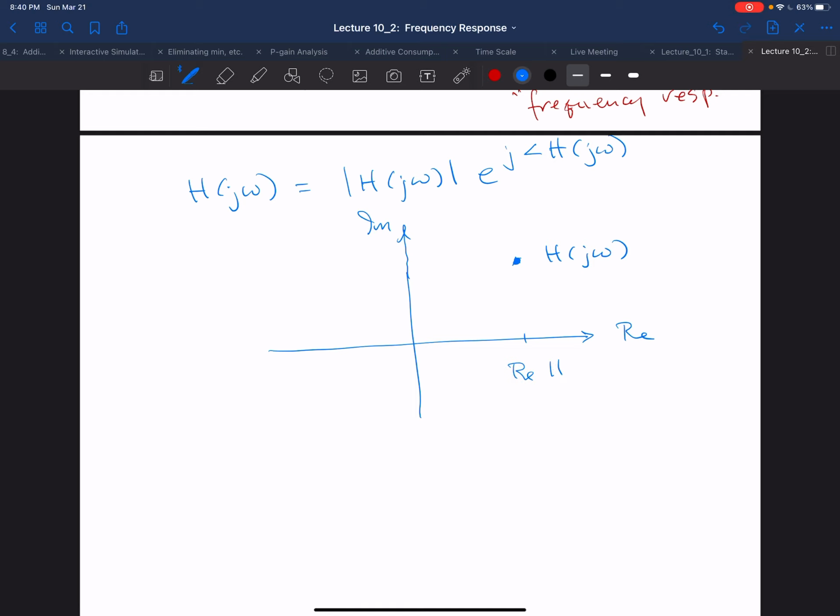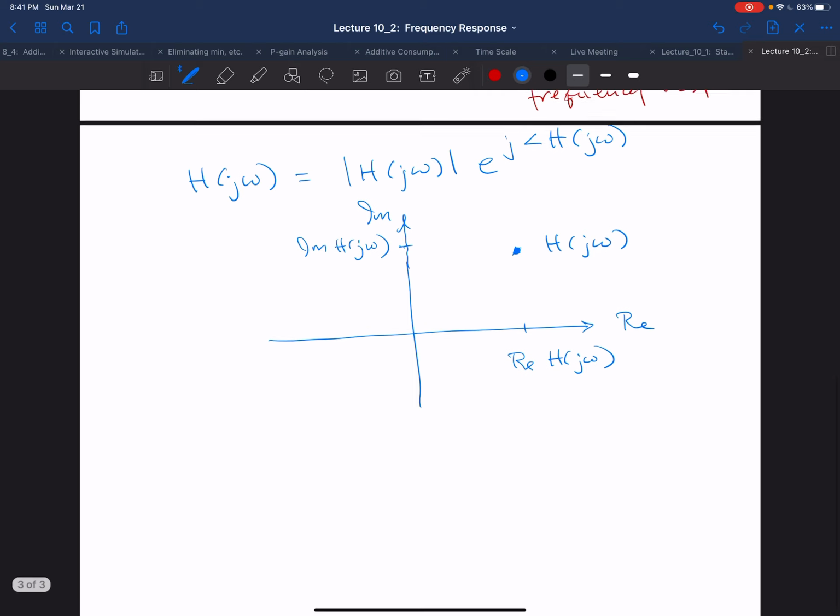Here's the real part of h of j omega, and here's its imaginary part. And that's a representation that's convenient if we're doing addition or subtraction with h of j omega, because then we simply add or subtract the real and imaginary parts of our two complex quantities.